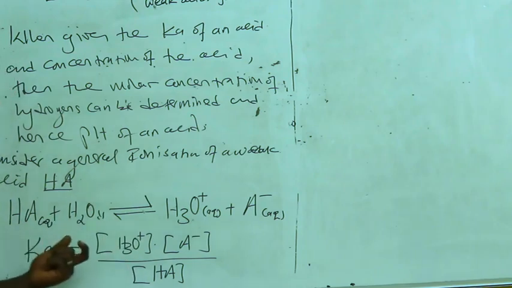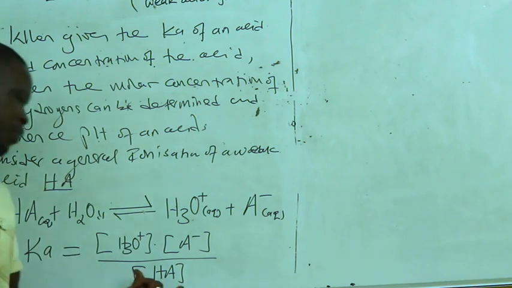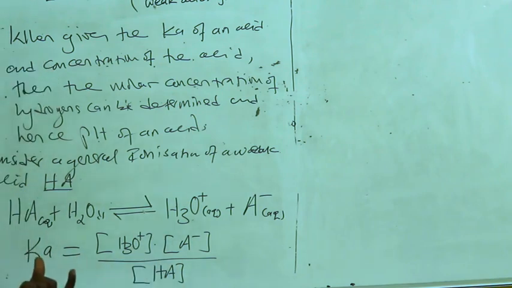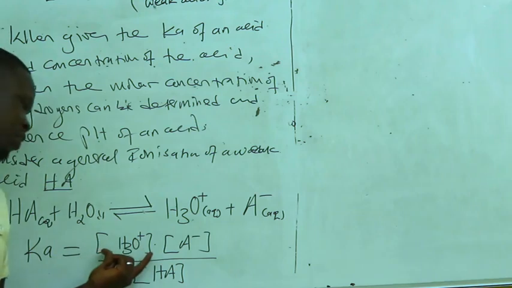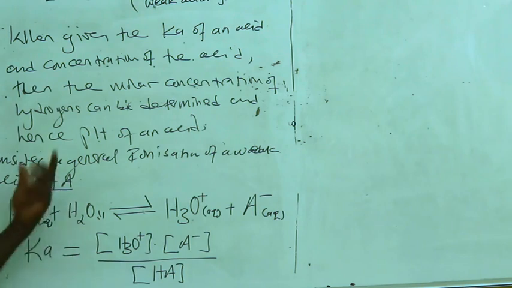It does not change since it's in large excess. Now, the Ka expression is given. And we have said that if they have given us the Ka value and the concentration of the acid, then we can determine the concentration of the hydroxonium ions or hydrogen ions, and hence the pH value.